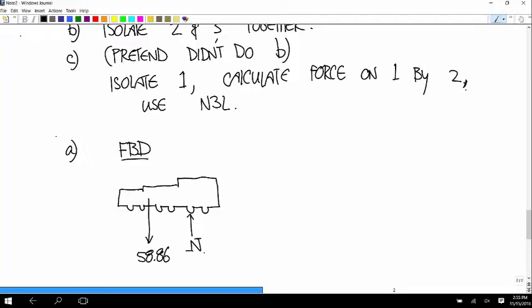I'll call that N total. And now go around the boundary. If you think of there being a boundary between the 2 and the 3 and the 1 and the 2, those aren't boundaries when we're isolating them all together, so we don't have to worry about those contact forces. So now we just have to worry about the 10 Newton force applied this way and the 20 Newton force applied this way.